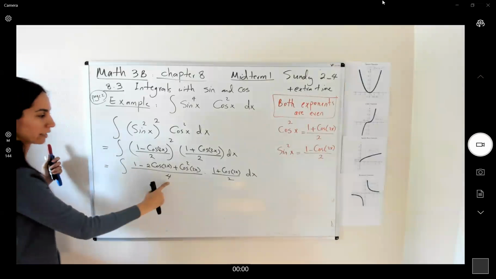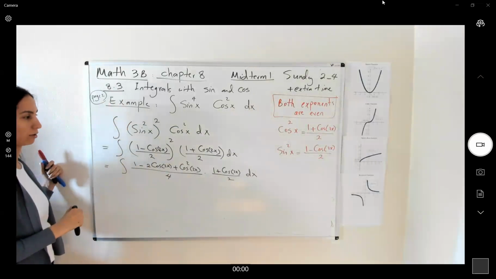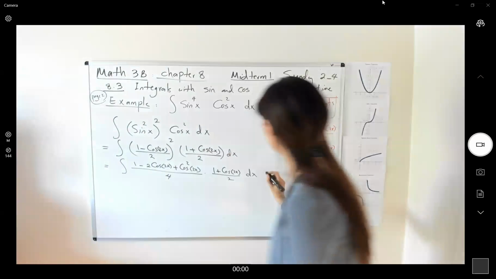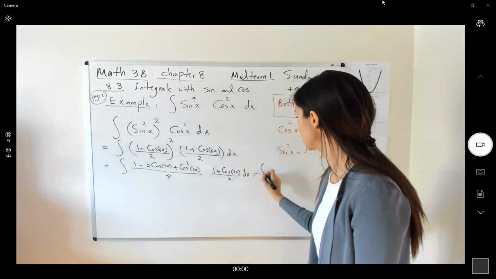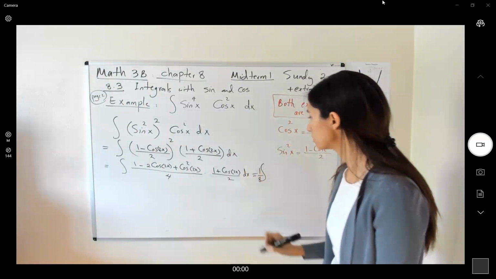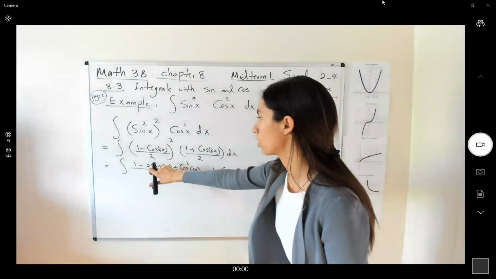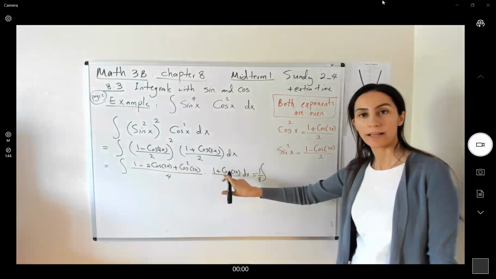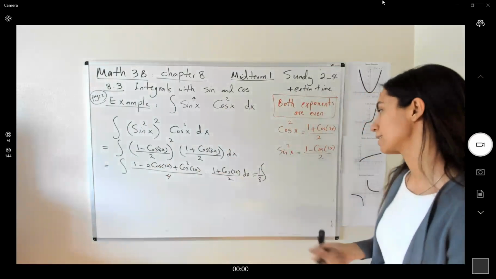Very well. I can multiply 2 and 4, and I can write it outside the integral. So this is the integral 1 over 8. Now I'm going to multiply this trinomial and this binomial and try to simplify this as much as I can.